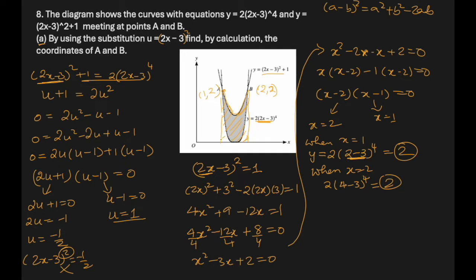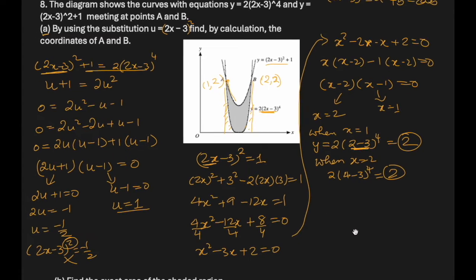Which will include this white part also. And the white part is nothing but the area under this lower curve. So I will find the area under the lower curve also, which will give me the white part, and I will subtract it from the first one, and we'll get the answer.